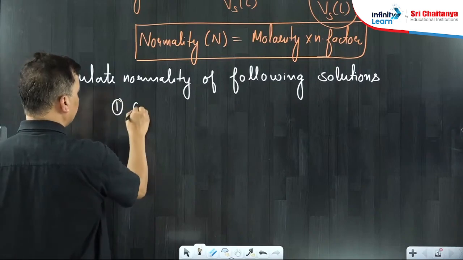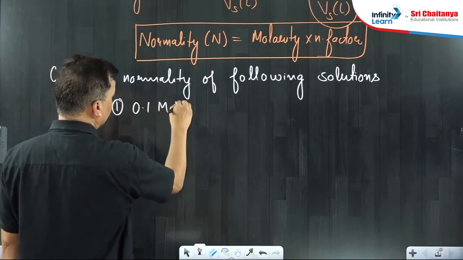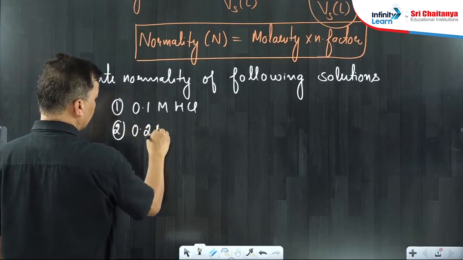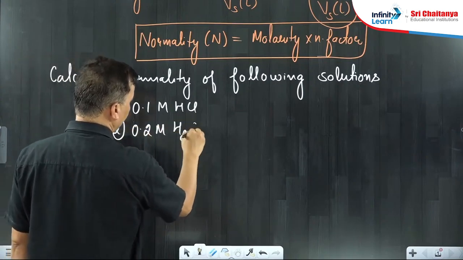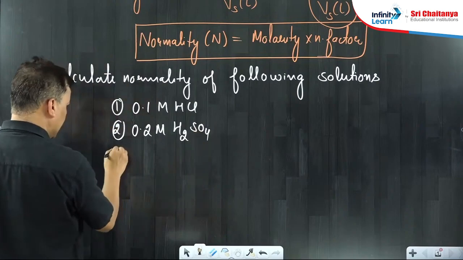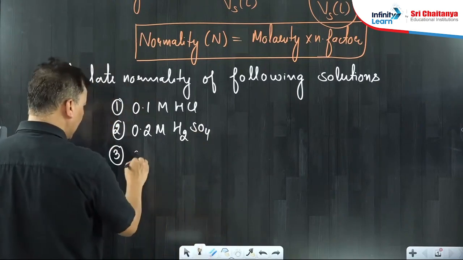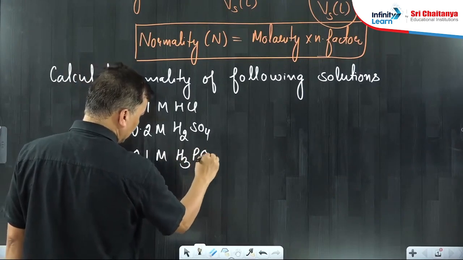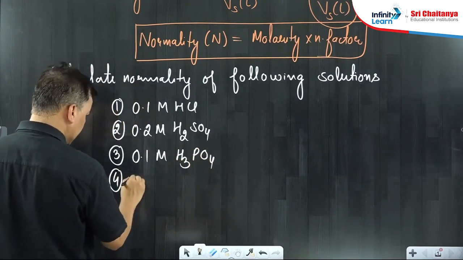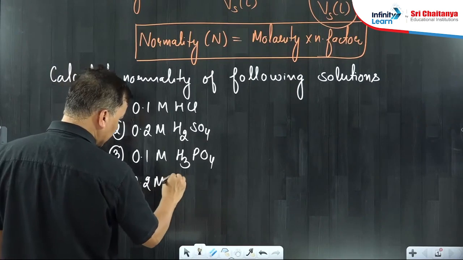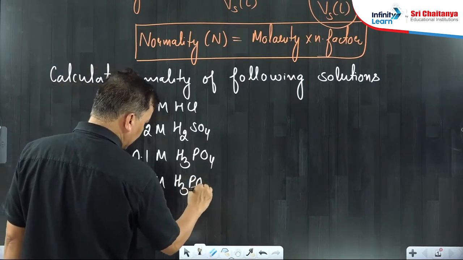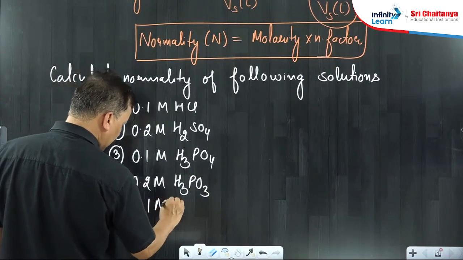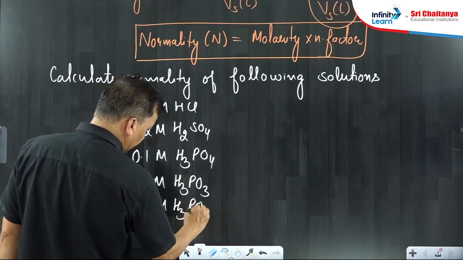Number one is 0.1 molar HCl, number two is 0.2 molar H2SO4, number three is 0.1 molar H3PO4, number four is 0.2 molar H3PO3, number five is 0.1 molar H3PO2.